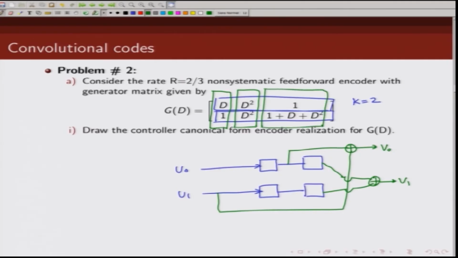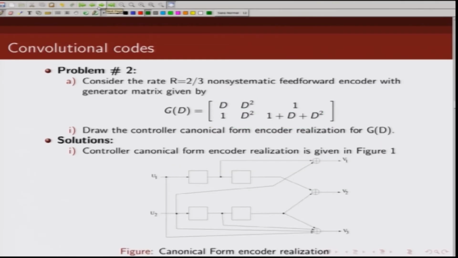So, this is just U1, the 1 term, the D term and the D square term. So, this is your controller canonical form realization for this generator matrix.